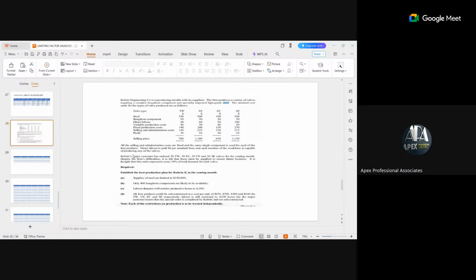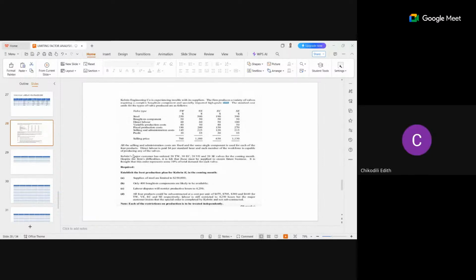What is this statement referring to? It means that the bought-in component, we are only using one. We are using one to produce each of the products.